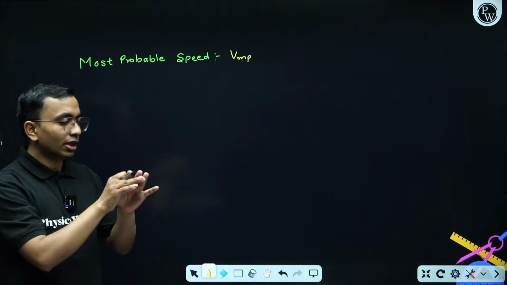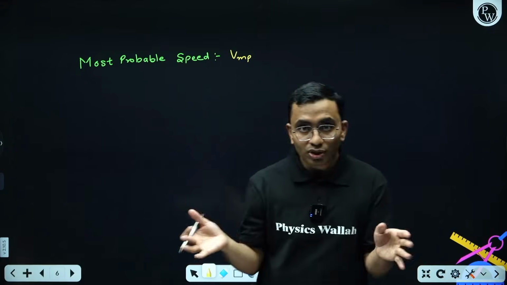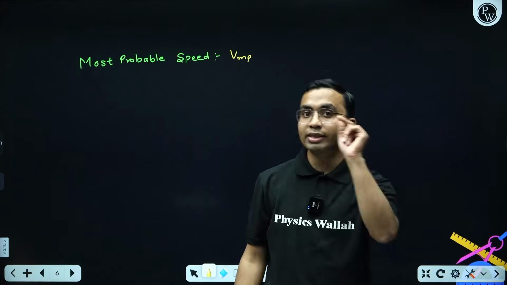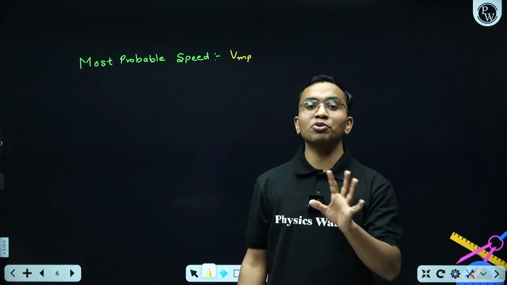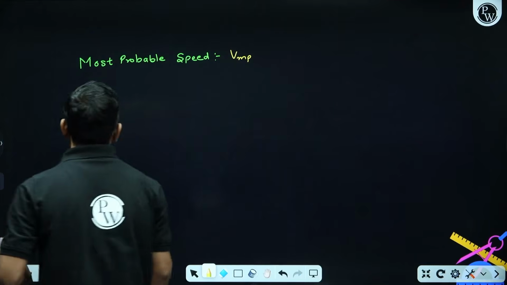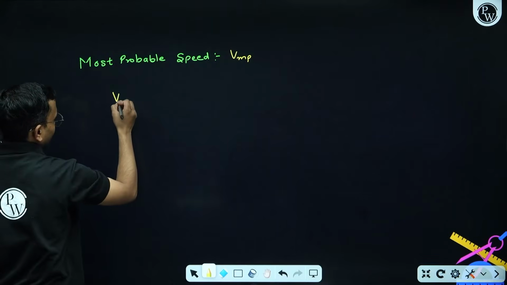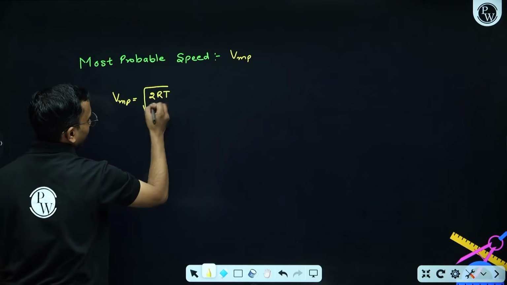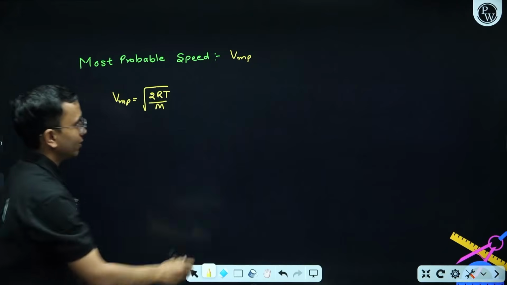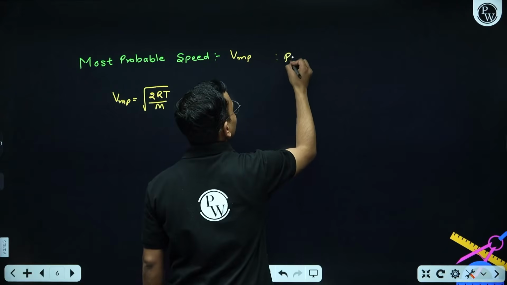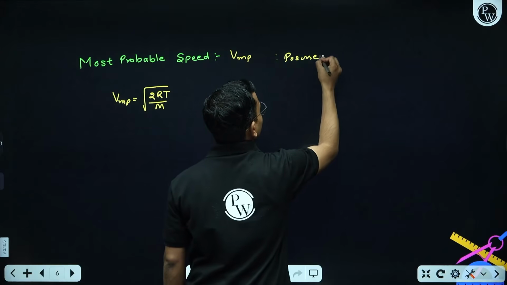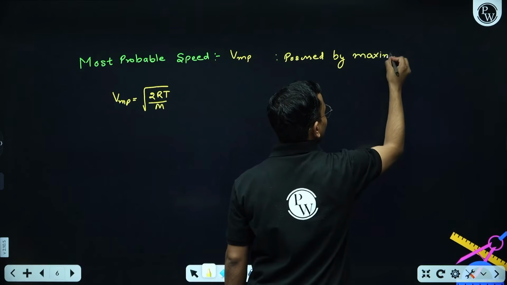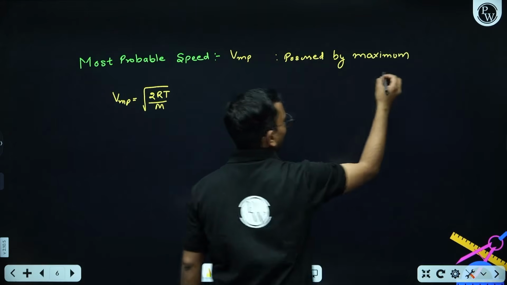Now each molecule has a different speed, we can say. So the speed which is possessed by the maximum number of molecules, that is the most probable speed, we call that. And this most probable speed comes out to be root of 2RT by M. Possessed by maximum number of molecules.